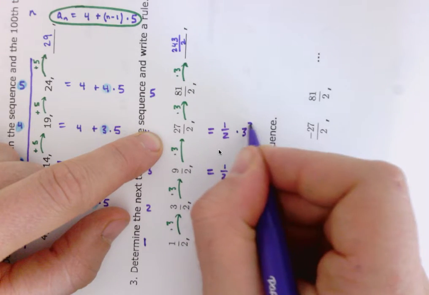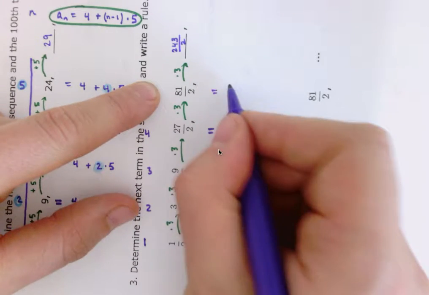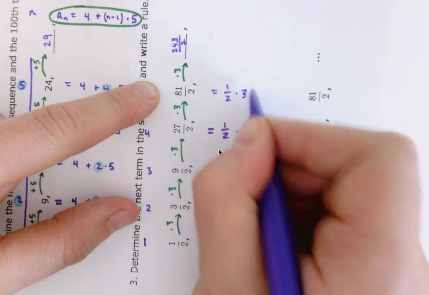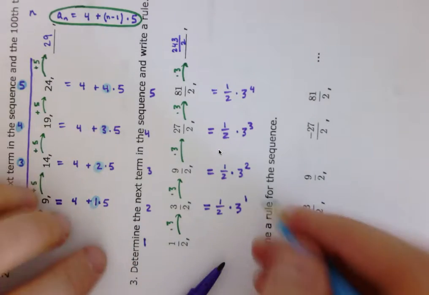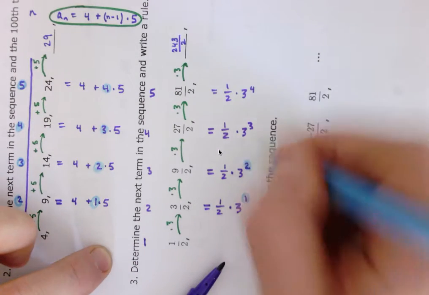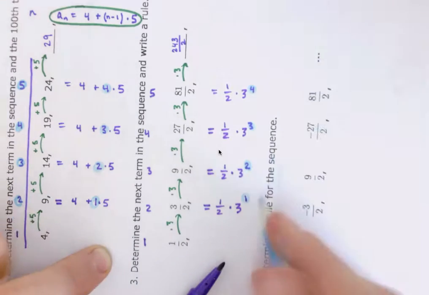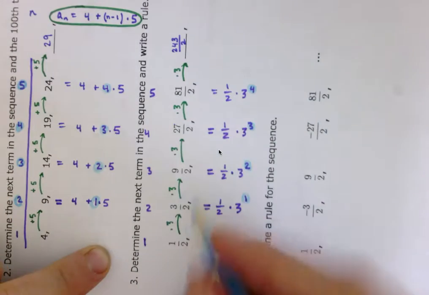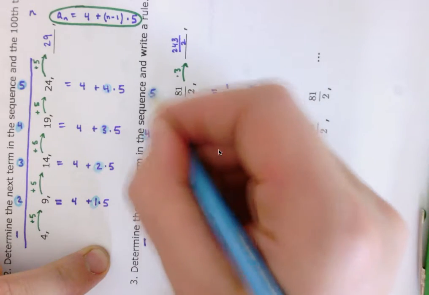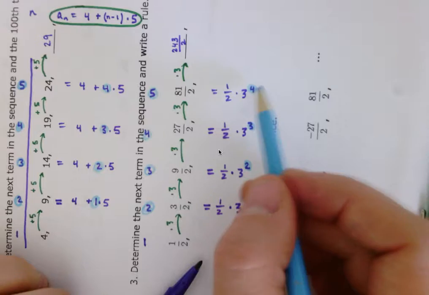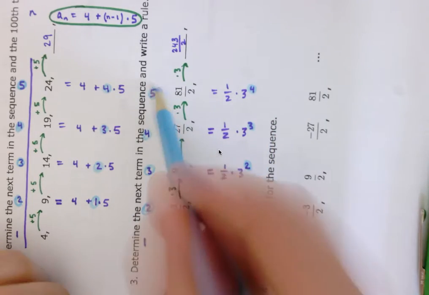So it's 3 to the third. And not too hard to figure out that the next one is a half times 3 to the fourth. We see this pattern of numbers in our exponents, and we look at how those are related to our term numbers, and we can see that these are always one fewer than these.